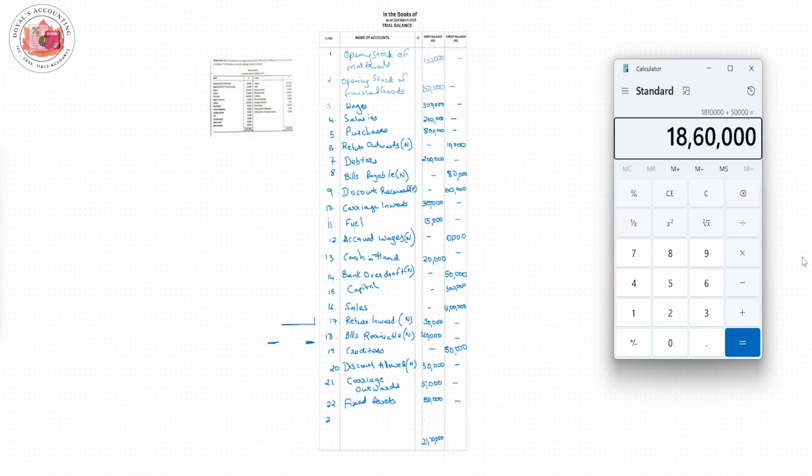I rightly classified them and put them in the correct column. So I don't see any other reason why there could be a mismatch. So the difference between these two, 21 lakh 70,000 minus 18 lakh 60,000, is 3,10,000. So this difference, I'm going to put it in my suspense account.